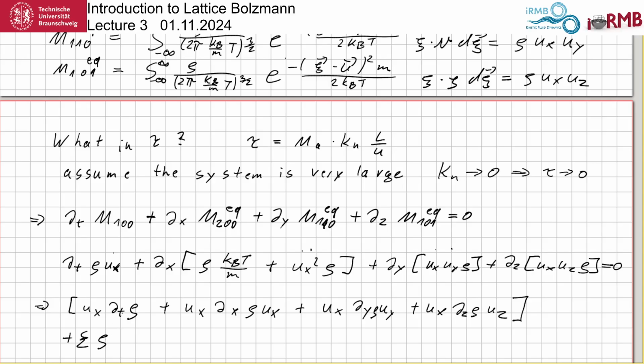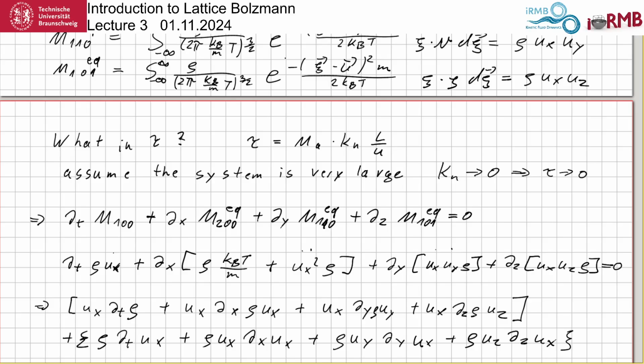The other thing would be rho dt ux plus, because I had pulled out ux, now I have to pull out rho ux, dx ux plus rho uy dy ux plus rho uz dz ux.